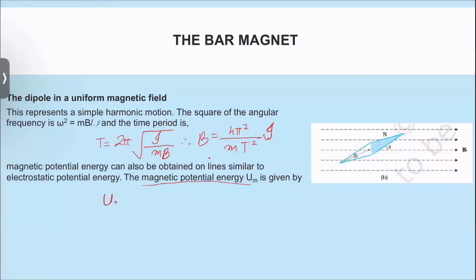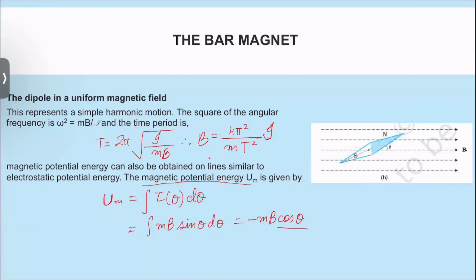The magnetic potential energy is the integral of the torque with respect to the angle between M and B. Now, if we substitute the value of torque, tau, MB sine theta d theta, that is going to be equal to minus MB cos theta.